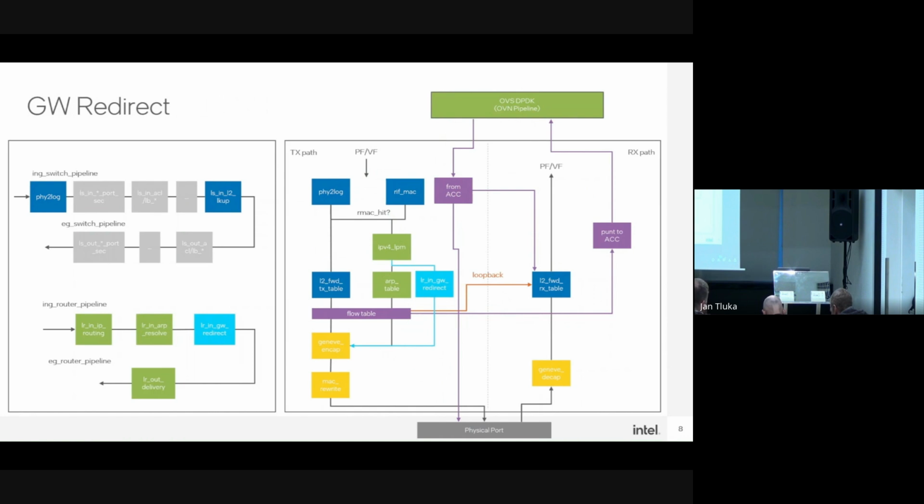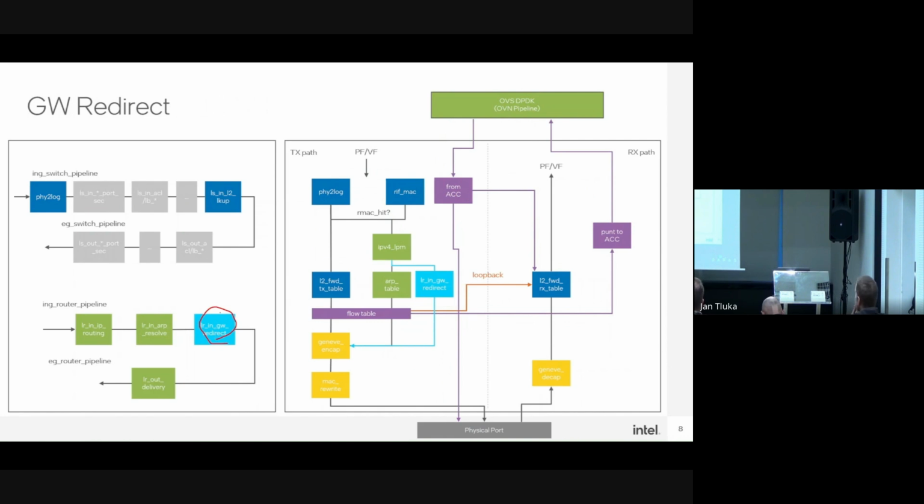To redirect traffic to a dedicated gateway chassis, OVN introduced a new table called the gateway redirect table here, which is colored in a light blue box, during the ingress router pipeline processing in OVN pipeline.